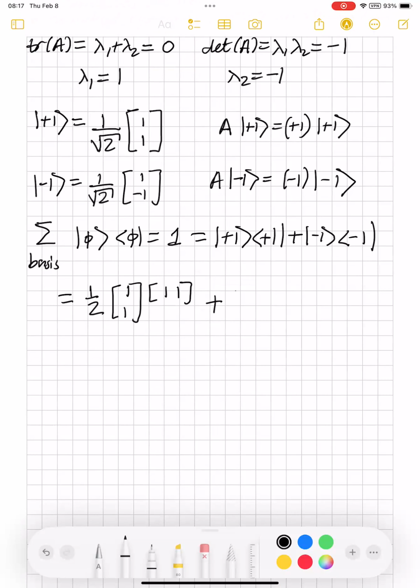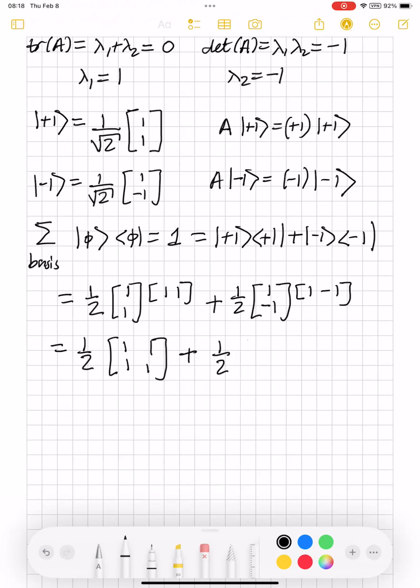now let's come to the -1 eigenvectors. 1 over root 2 times 1 over root 2 is 1 over 2. Then we have (1, -1) and (1, -1). What does that equal to? 1 over 2 times the matrix. If we multiply this out, well, that's just some simple matrix algebra, so I'm going to leave you to do that.